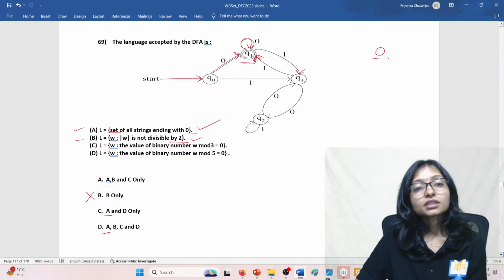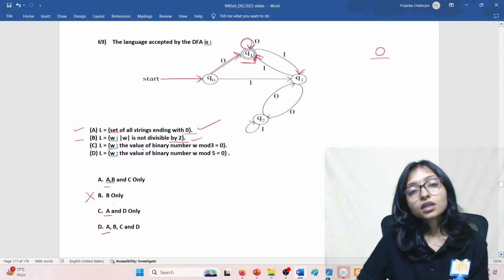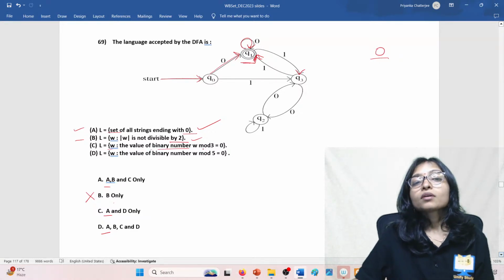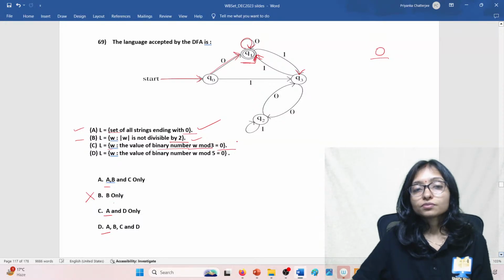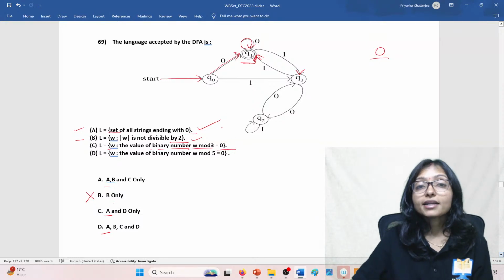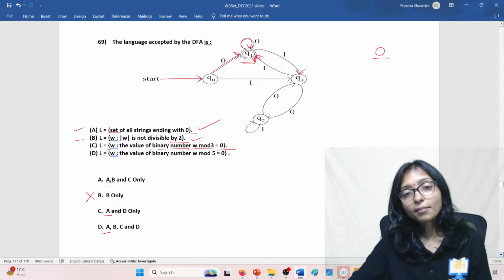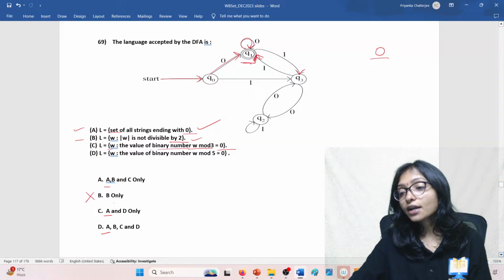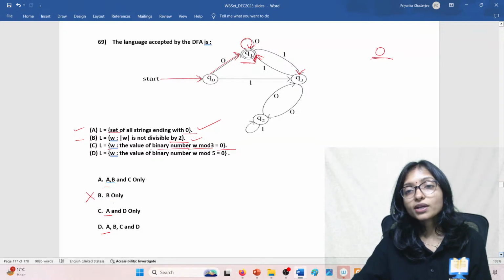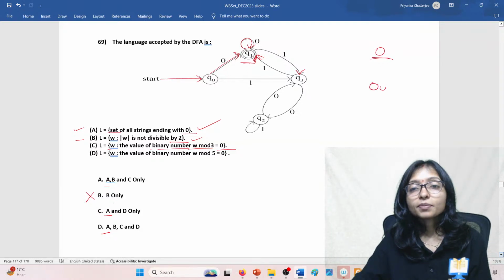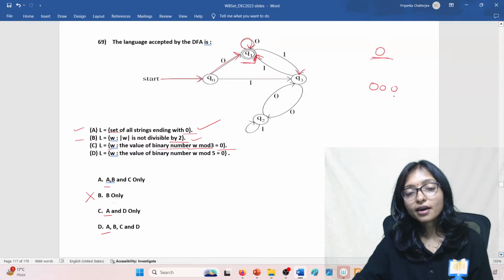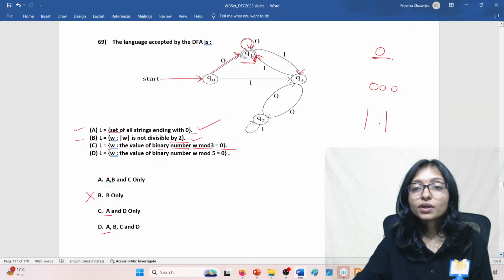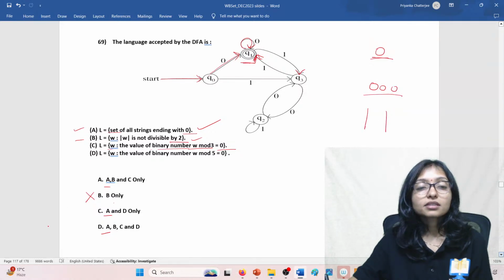Now the option: the value of binary number W mod 3 equals 0. The value of the binary number means here you are getting the binary number. If I divide by 3, then the remainder will be 0. So 1 0 is accepted here. Multiple zeros, 2 zeros, 3 zeros, these are also accepted here. So if I am doing mod 3, this is 0 only.